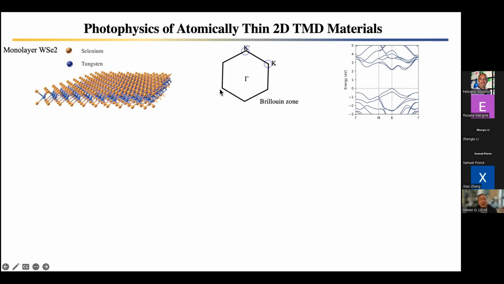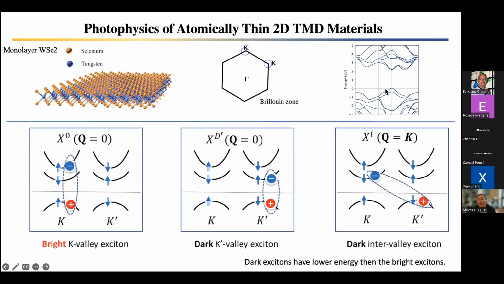This material is also a semiconductor. It has a band structure very similar to that of monolayer molybdenum disulfide. The low energy states are at the K and K prime valleys, and the band structure and the wave functions of the two valleys are related via time reversal symmetry.